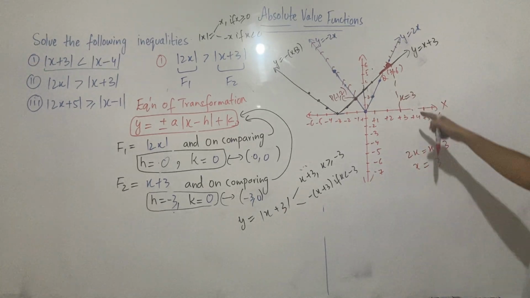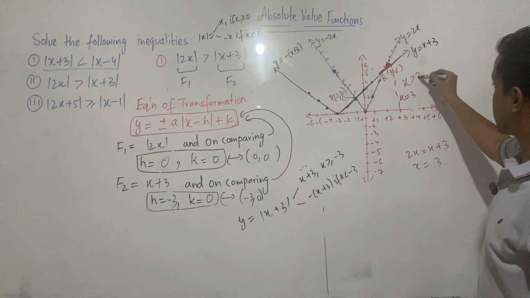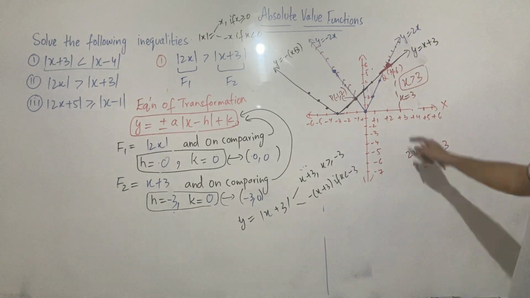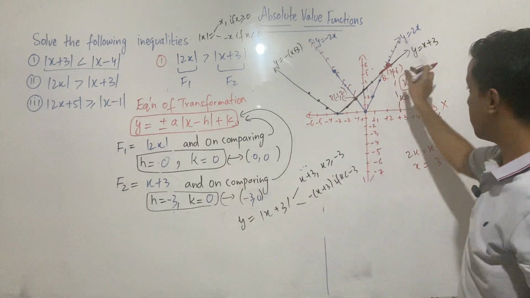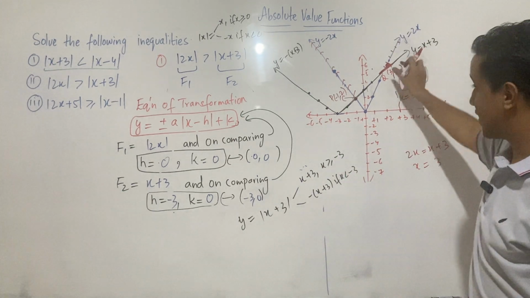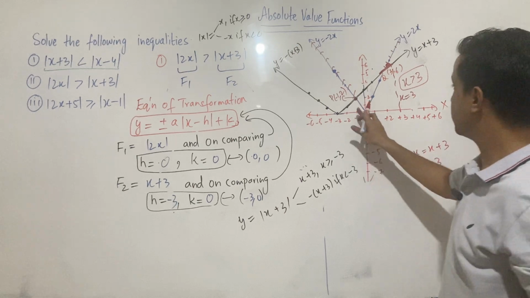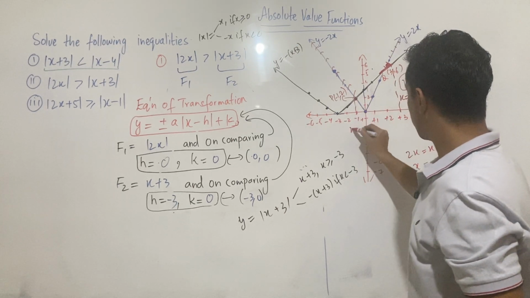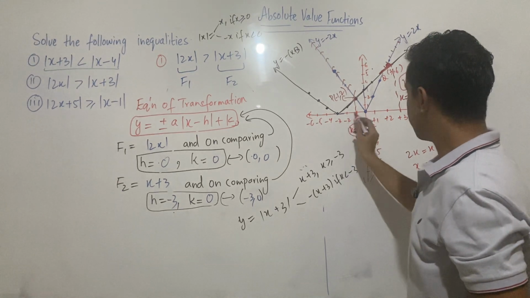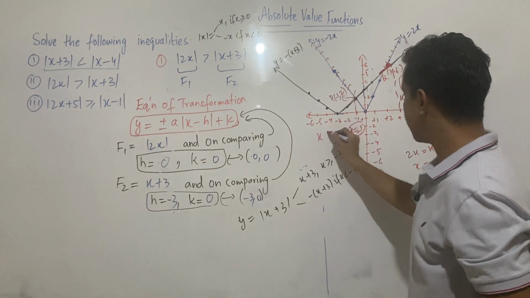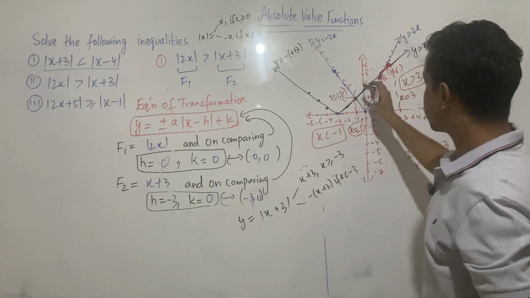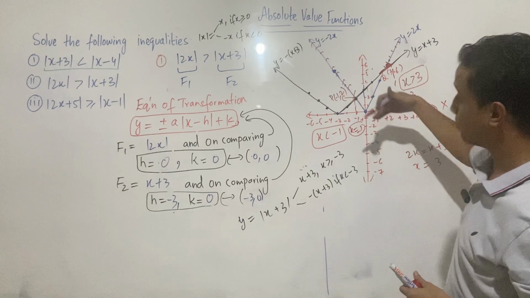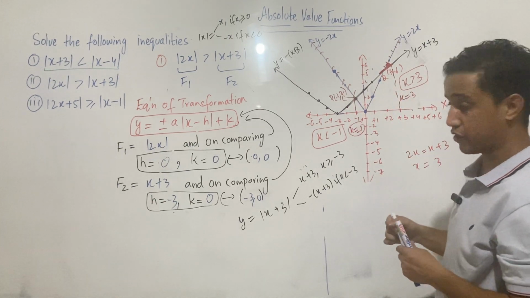So see here, for x greater than 3, the blue graph is going to stay above the black graph. And in this region, this is x equals minus 1. If you look at this graph for x less than minus 1, this blue graph is going to stay above the black curve, right?